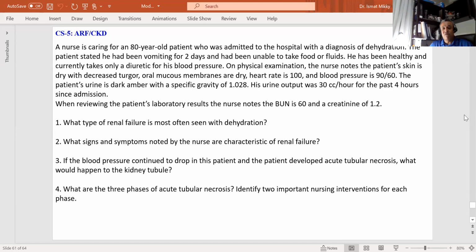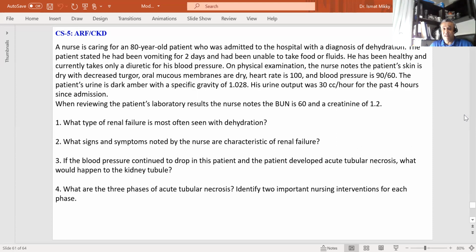The first question: what type of renal failure is most often seen with dehydration? Pre-renal failure is defined as a decrease in renal function that is caused by a condition outside of the kidney itself.